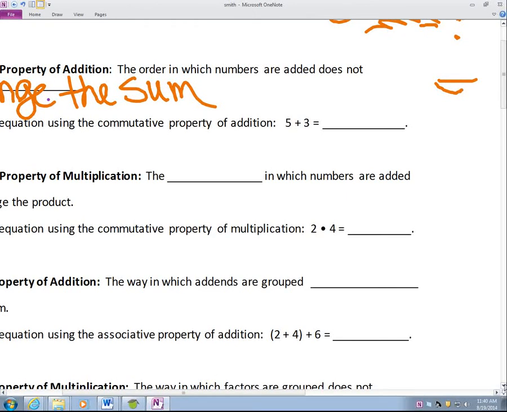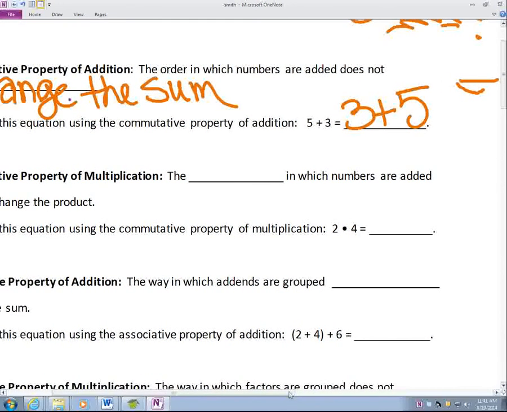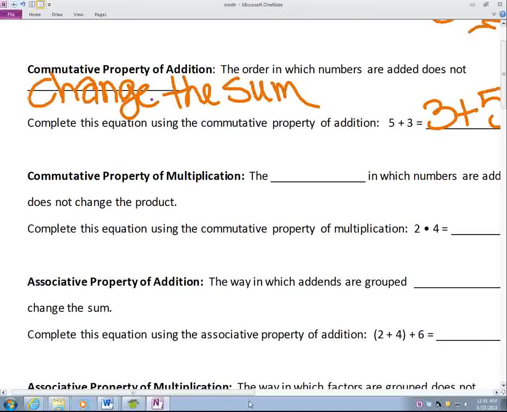Sydney. Beautiful. 3 plus 5. 3 plus 5. I think we're a little bit beyond the 5 plus 3.